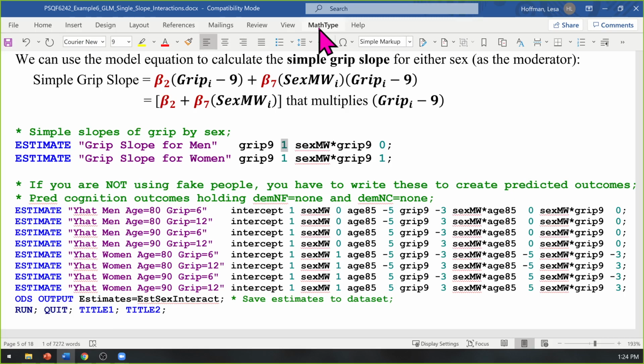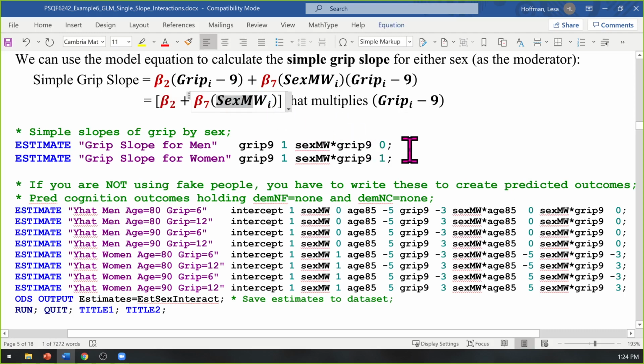That's how many times it's in the equation. I need 1 beta 2, that's why. And this is a 0 because it's for men, which goes with this variable. And this is a 1 here because it's for women, which is what goes with this variable here.